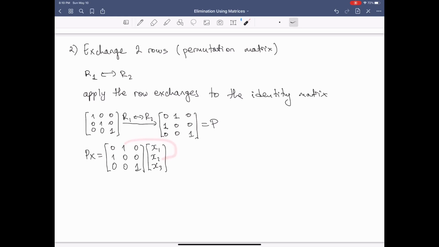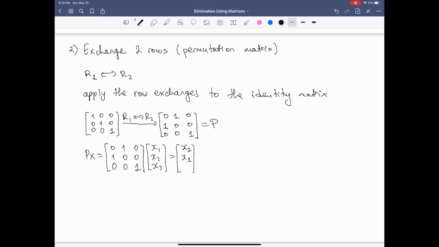Then 1 times x2 is x2, and 0 times x3 is 0. So when you multiply the first row by x, you just get x2. So the first component is x2. Then for the second component, 1 times x1 is x1, 0 times x2 is 0, 0 times x3 is 0. So we just get x1.